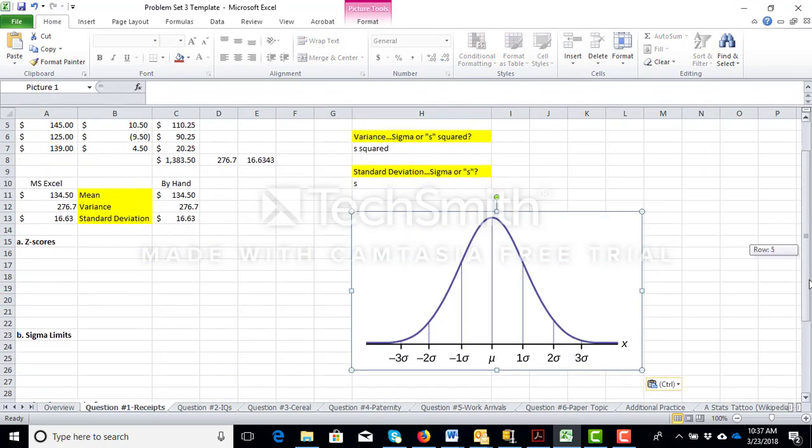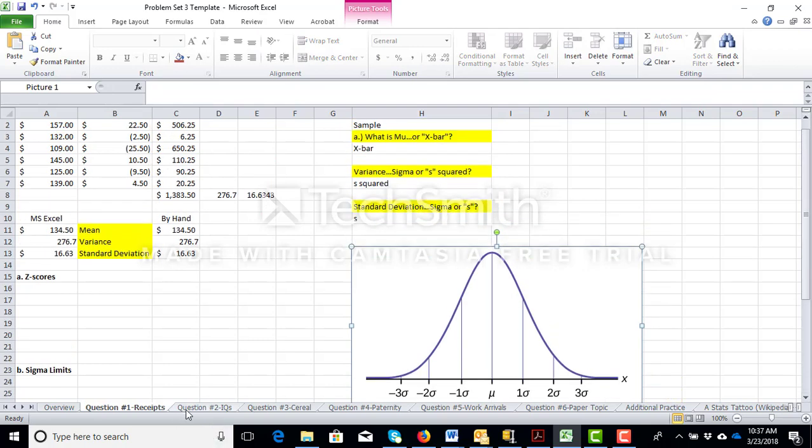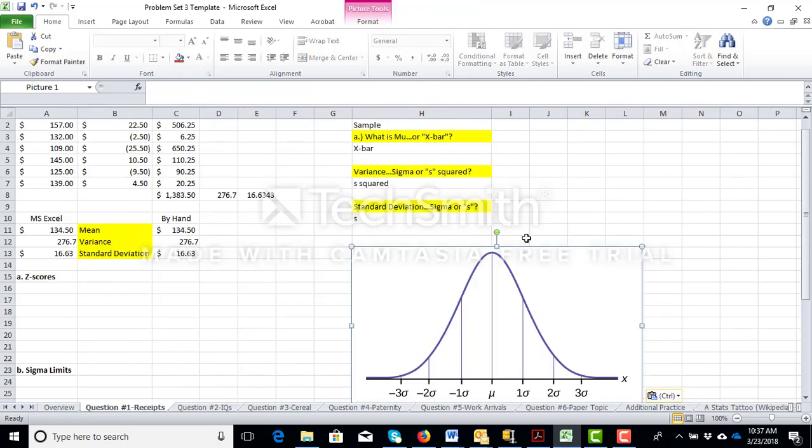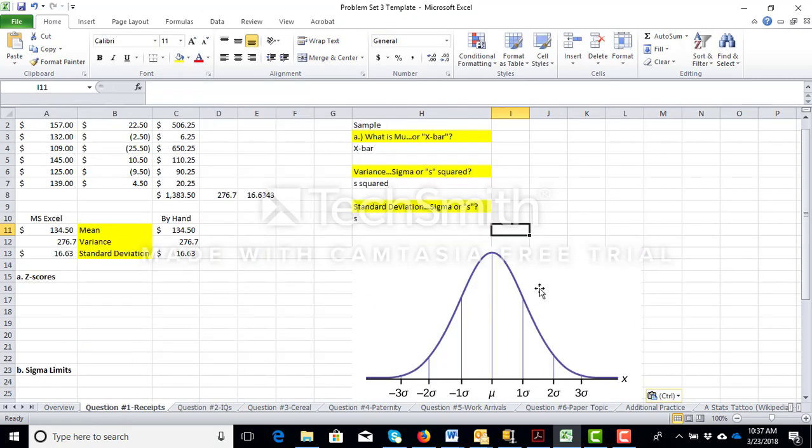So we know in this case that the average receipt, we just computed x bar, not mu. X bar is $134.50, right? And we just figured out that S, the standard deviation, is $16.63.